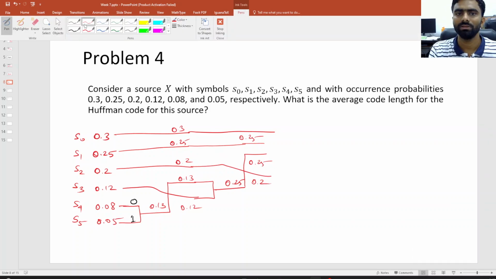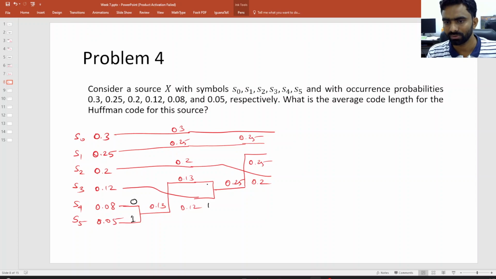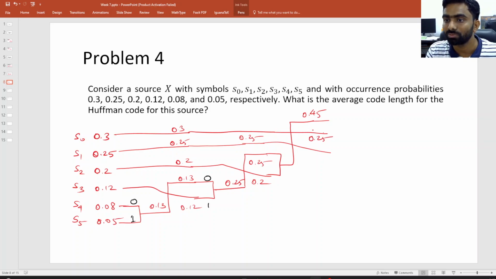Now assigning the bits is important also. 1, 0. Combine them. That will be 0.45, and that will surely be going above. 0.3 will be here, 0.25 will be here.